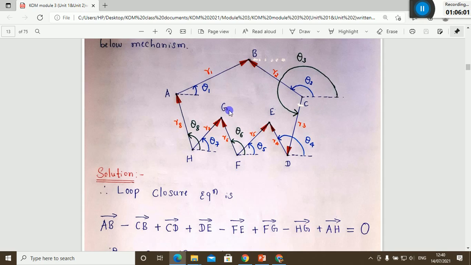And when it comes to FG, again it is in the same flow, the same direction as AB, CD, DE. So FG is also positive. But when it comes to HG, it is opposite to this flow, so HG is negative, and HA is positive because it is along the direction of vector AB.